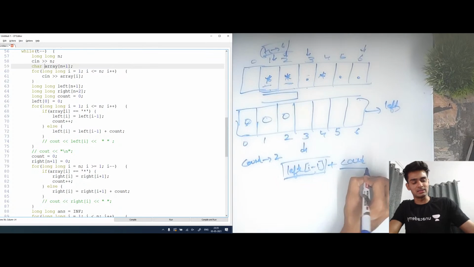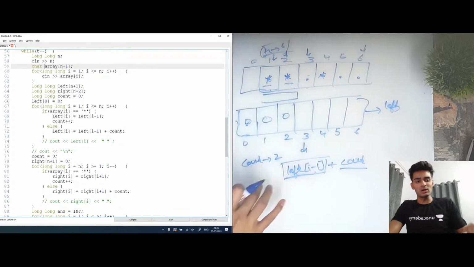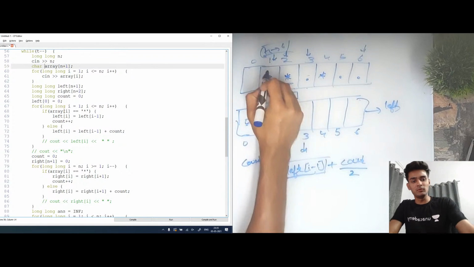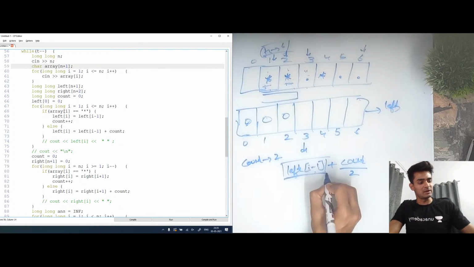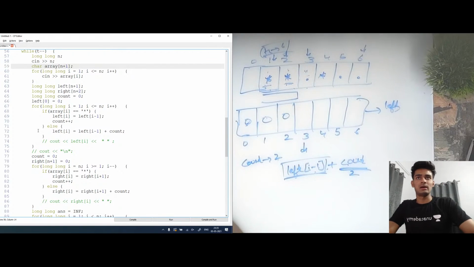This count tells me the cost I need to pay to move all these sheep one step in the right direction. We had 2 sheep, so we'll move this sheep by 1 and that sheep by 1. Therefore this becomes left of I minus 1 plus count.